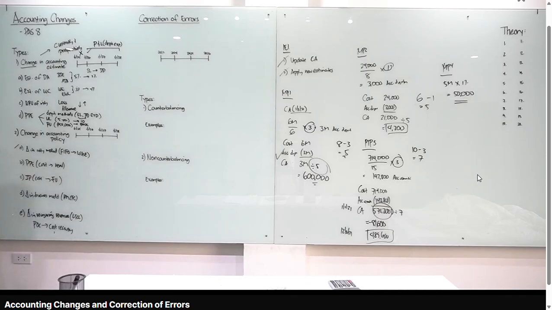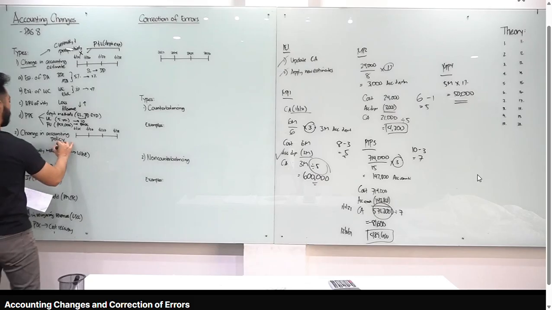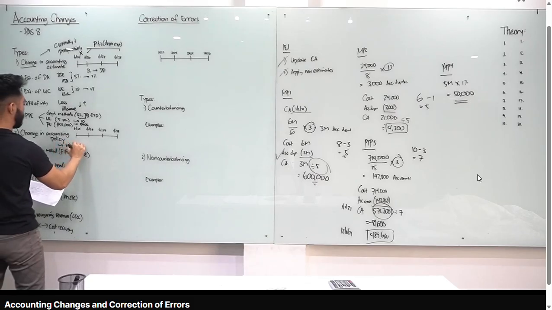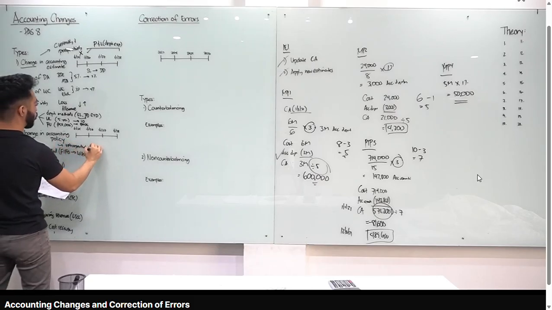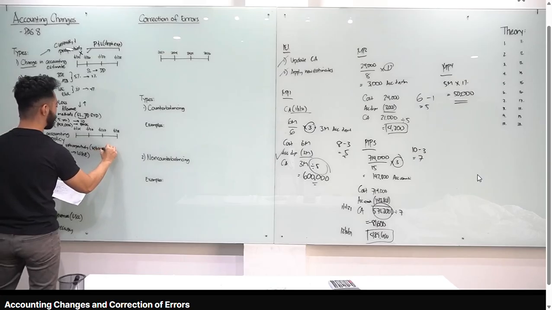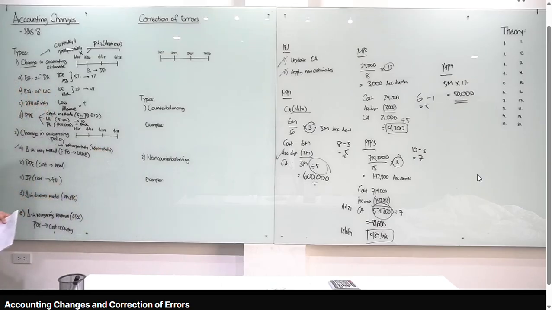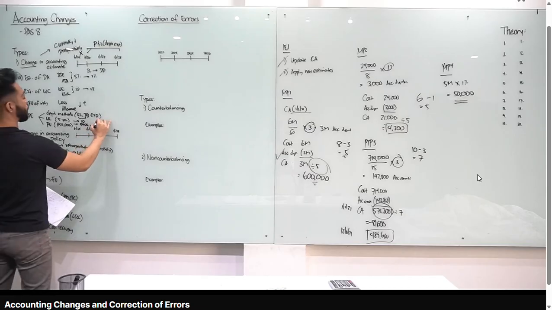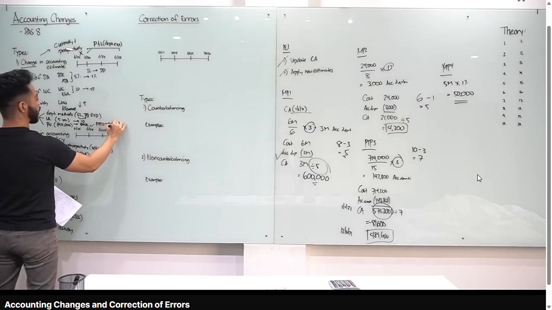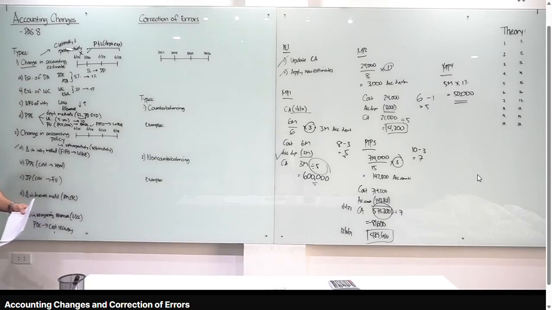Now, according to PAS 8, okay, change in accounting policy is accounted for retrospectively. Retrospectively or also called retroactively. Kamukha lang yung class, ha? For example, nagkaroon tayo ng change in accounting policy on January 1, 2026. From FIFO, nag-decide tayo, mag-switch tayo to weighted average sa inventory natin. Alright?